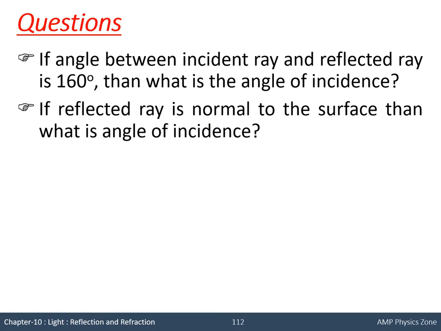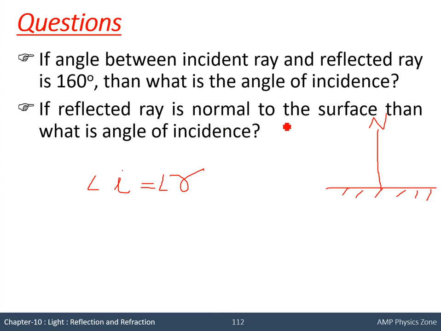Second question is, if reflected ray is normal to surface, then what is angle of incidence? Okay, so now we know that angle I is equal to angle R, that is angle of incidence is equal to angle of reflection. Now as reflected ray is normal to the surface, so if we draw a mirror like this, this is the normal line.